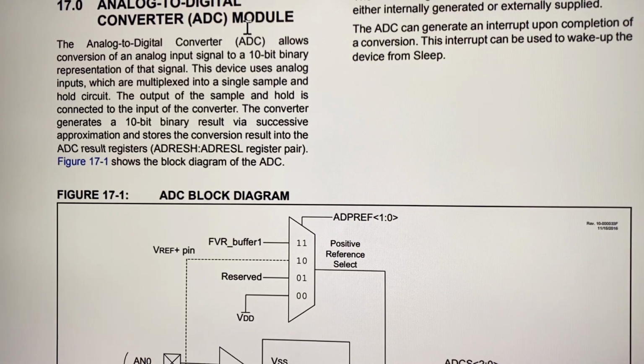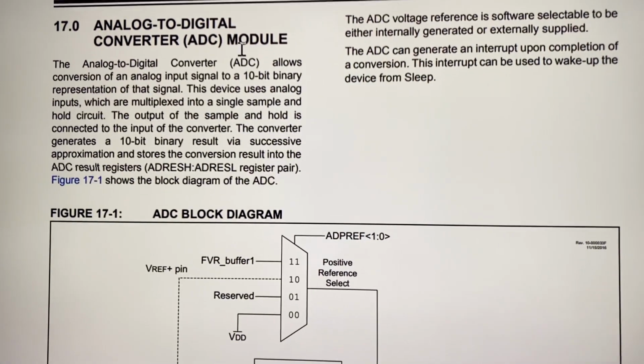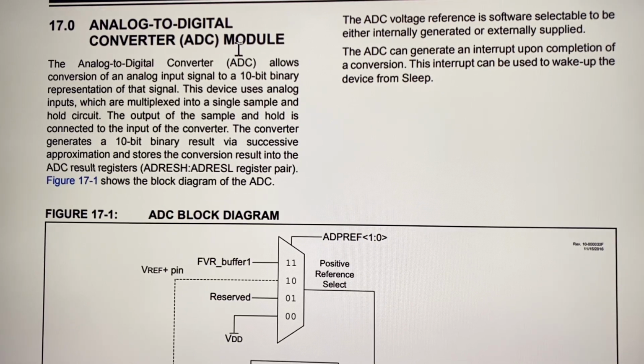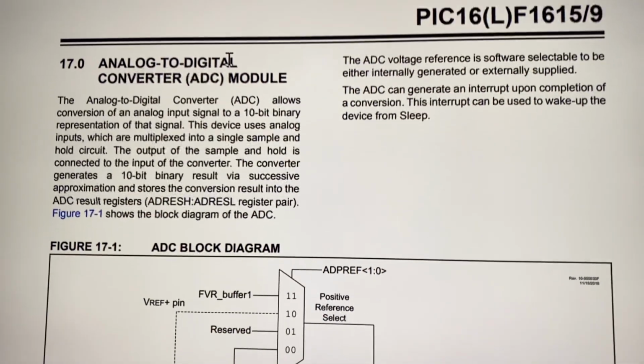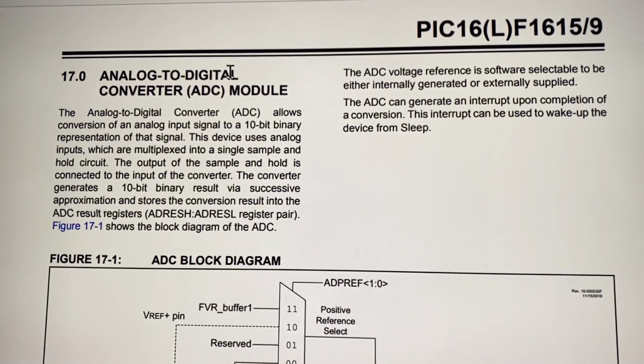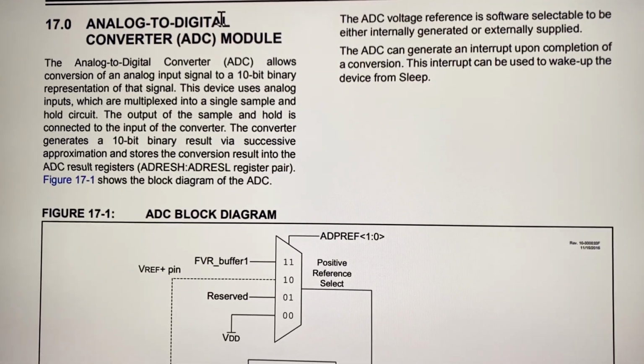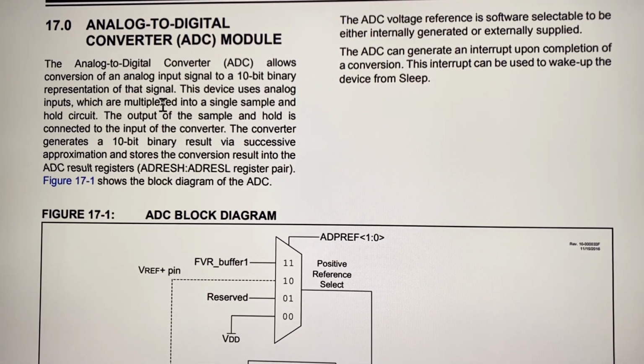So here we have chapter 17.0 from the Microchip data sheet, and notice this is a data sheet. Okay, so we will see chapter 17, A to D converter.